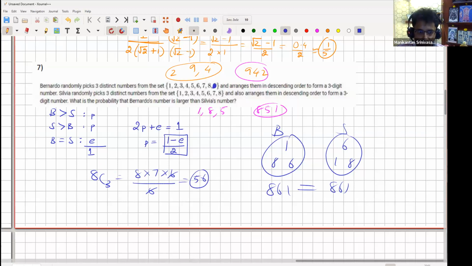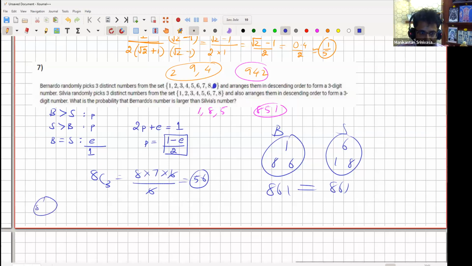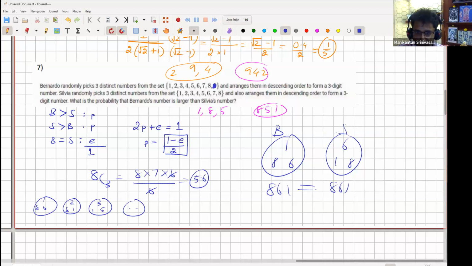Do we agree? So it could be 186, it could be 281, it could be 315, like that. There are a total of 56 such entities. Now, Bernardo is going first, picking something, and he has no restriction at all. So we are looking at the probability that both pick the same, which is 1 over 56.